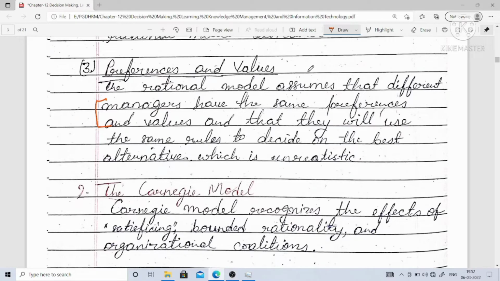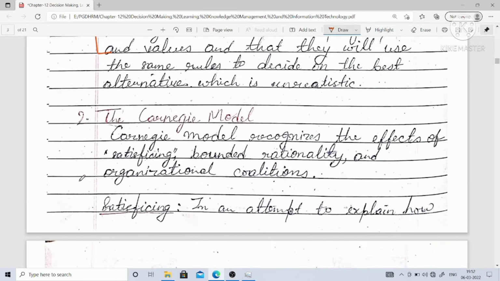The second model given here is the Carnegie model.